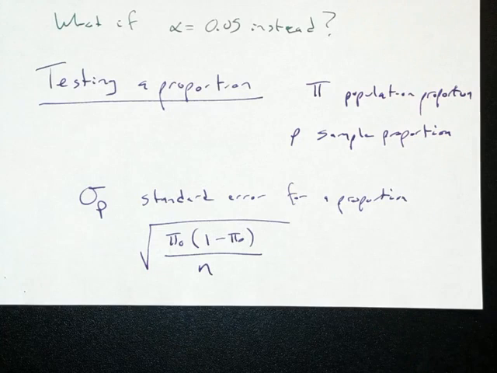We did the square root of the whole thing because it was the square root on top and the square root on bottom. That's our standard error. Guess what? A calculated statistic gets calculated the same way here as it did for a mean. You take p minus the one you expect and divide by the standard error. We will do one of these on Wednesday.